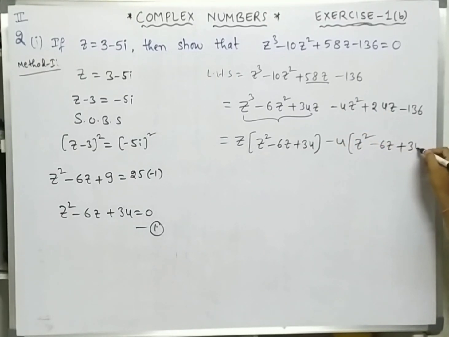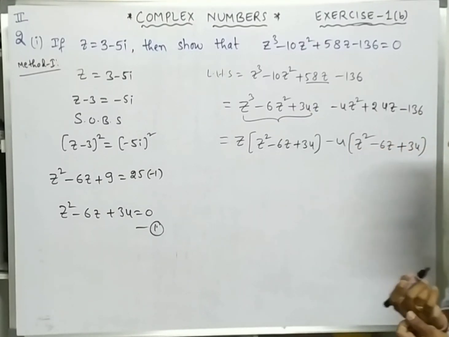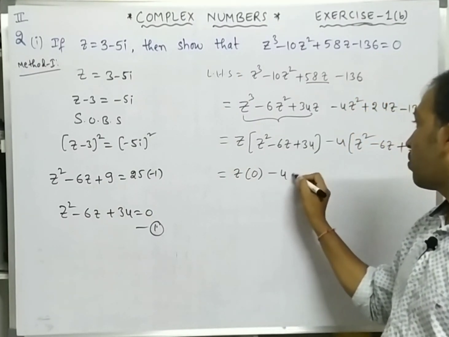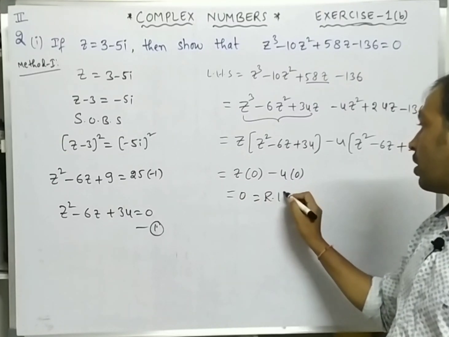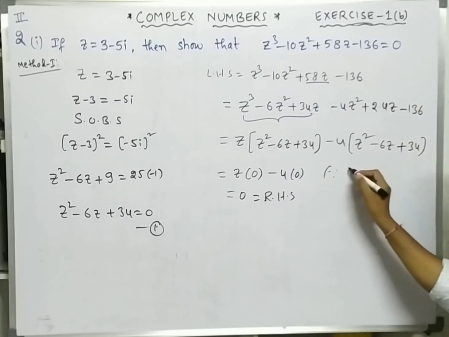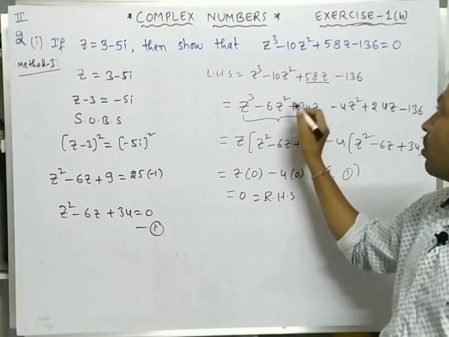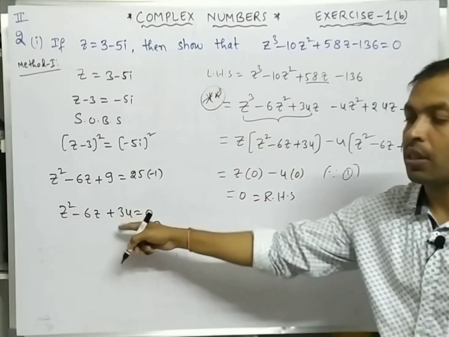Next plus 34, 4 into 34 is 136. So from equation 1 the value of this bracket is 0, minus 4 into 0. So the total is 0, which is equal to the right hand side. So the splitting is important in this problem.